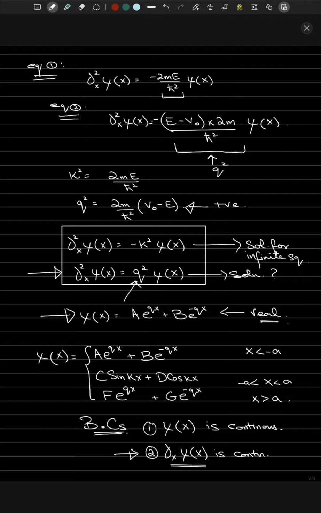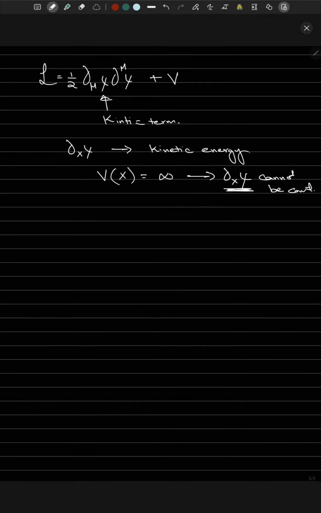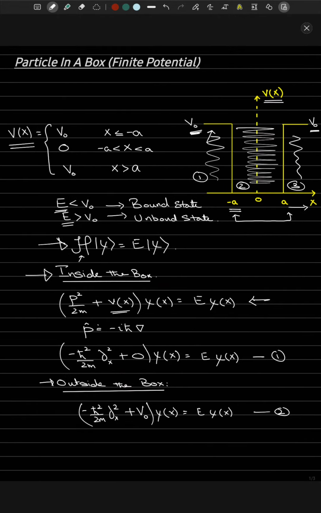Okay, so now moving forward, before I apply these 1 and 2 boundary conditions, what I'm going to do is look at this diagram basically, and let's simplify our energy eigenstate wave function.